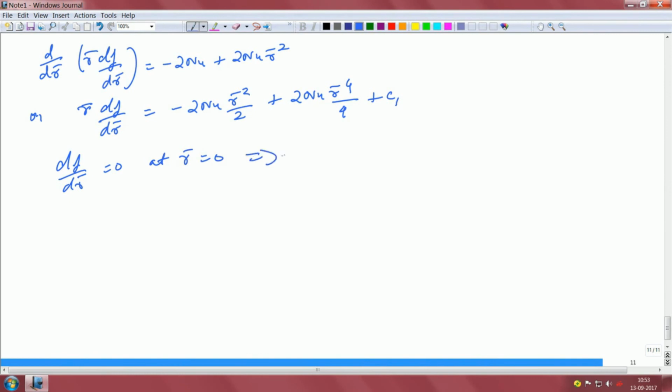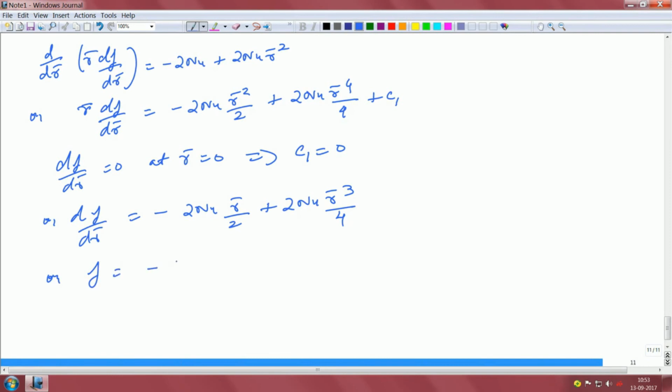So this leads to C1 equal to 0, so dF by dr bar equals minus 2 Nusselt number r by 2 plus 2 Nusselt number r cube by 4. Integrate it one more time. F is equal to Nusselt number into r square by, actually this will become 2 now, plus Nusselt number r to the power of 4 by 8 plus C2, right?